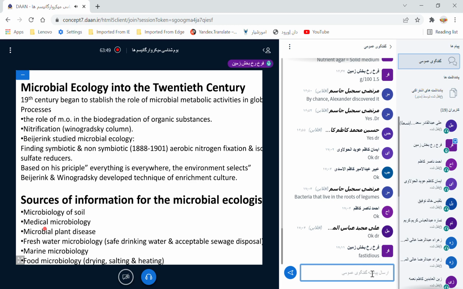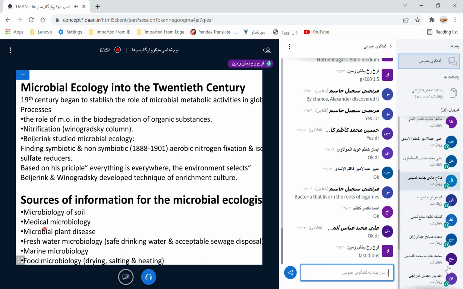It is a war between pathogen and human. We want to know the microbial ecology because we want to help our friends, our family, other humans to stand. So microbial ecology in medical microbiology is not pure science. It is the first step for practical science.